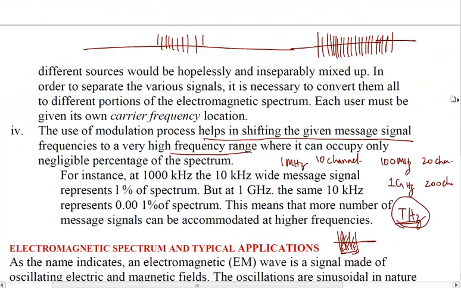And the fourth reason was that with the help of modulation, we go to higher and higher carrier frequencies, where more and more bandwidth is available. So these are the four reasons which urge us, which push us towards going for modulation. Okay, thank you.